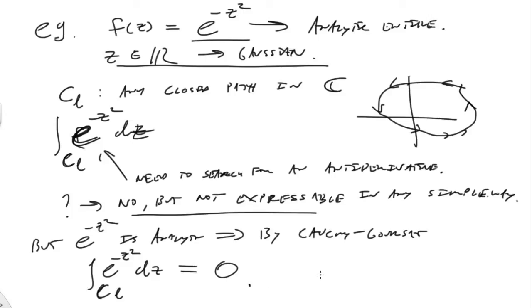It turns out this is going to be incredibly useful later on. We'll start using this to actually compute some integrals in the complex plane, and we can see why this is very powerful: when we don't have a ready way to find an antiderivative, we can still leverage this theorem to help us compute integrals that are very important in real-world applications.